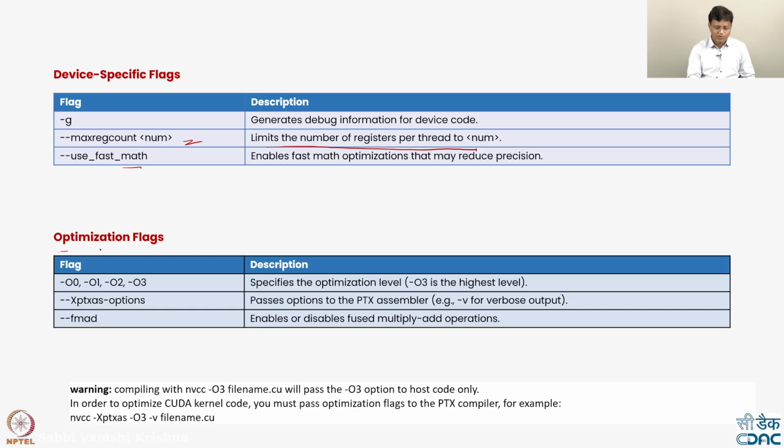Now, I will discuss the optimization flag. Suppose you want to optimize your code for the underlying GPU. There are some options available, O0, O1, O2 and O3, which specify the level of optimization you expect. O3 is the highest level of optimization. When you want to apply this optimization on the GPU, how do you pass this option?